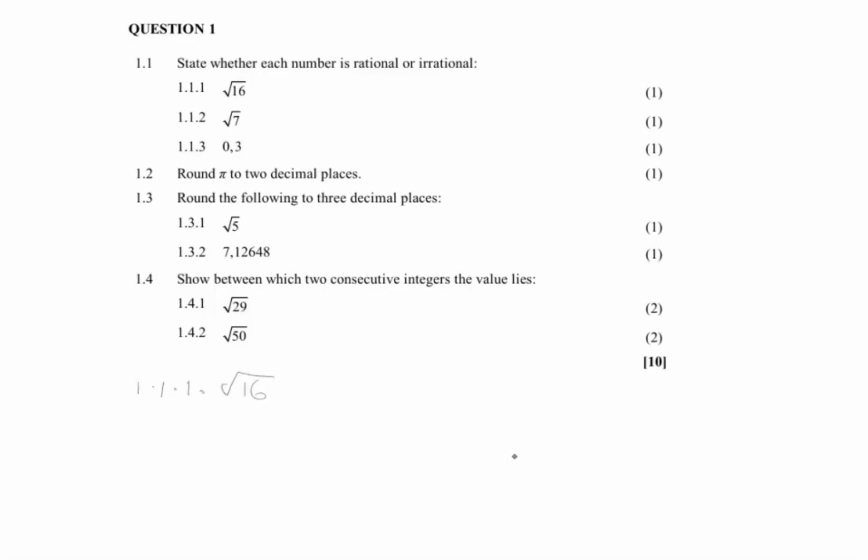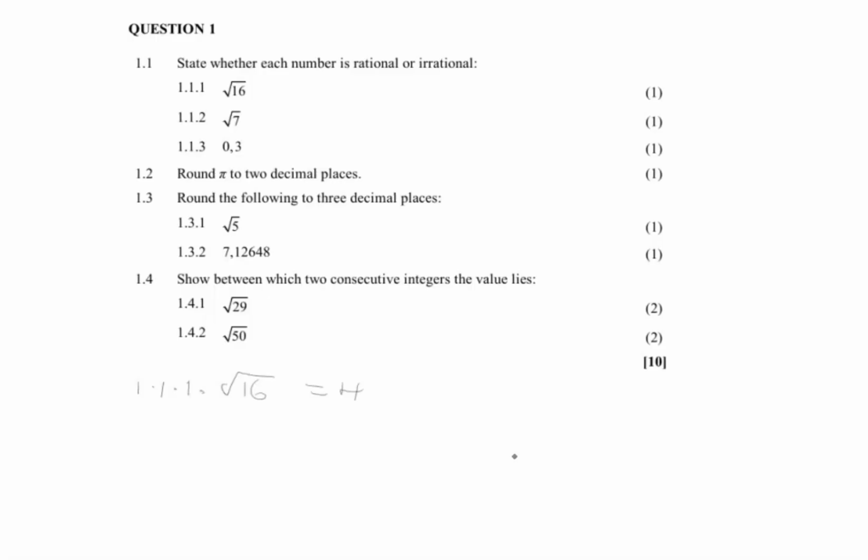You cannot tell by just looking at the square root of 16 whether this number is rational or irrational. The first thing that you should do before classifying this number is write it in its decimal form. So the square root of 16 is equal to 4.